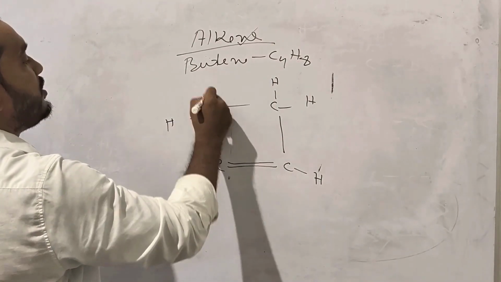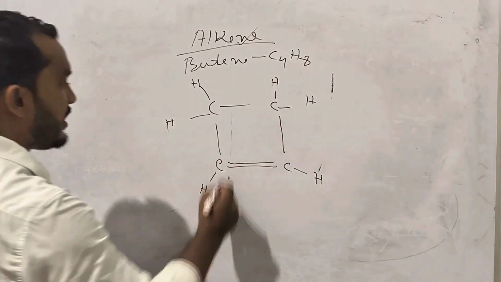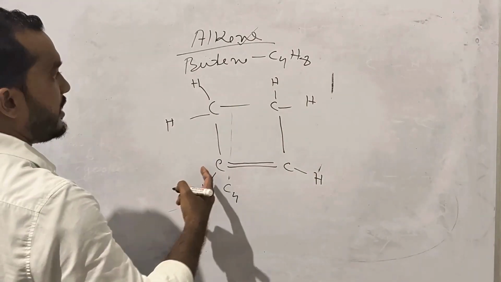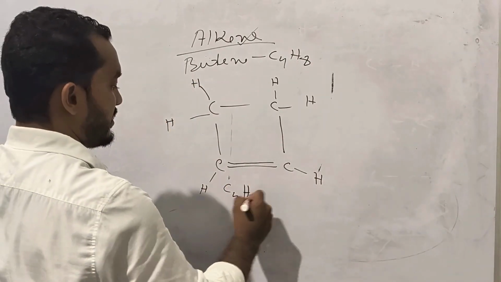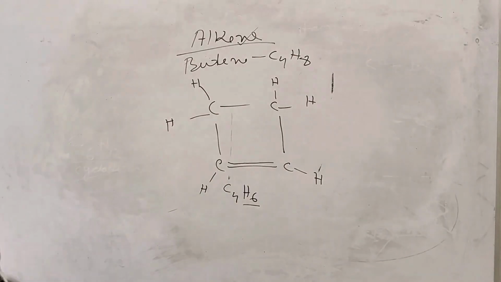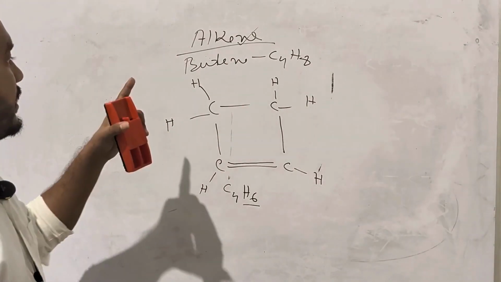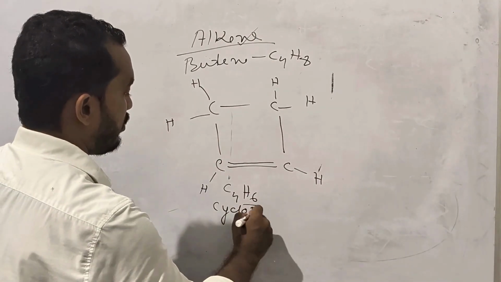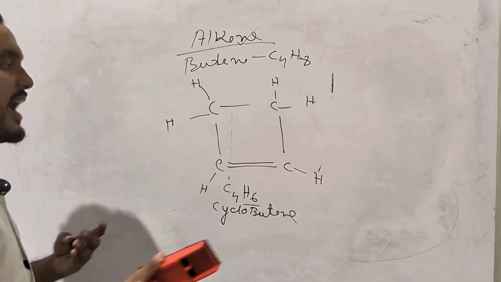With this carbon also I can add 2 more bonds. Now let's see the formula. Carbon 1, 2, 3, 4, and hydrogen 1, 2, 3, 4, 5, 6. 6 hydrogens are there. That means 2 hydrogens are less than that of butane. This is the structure of cyclobutene.